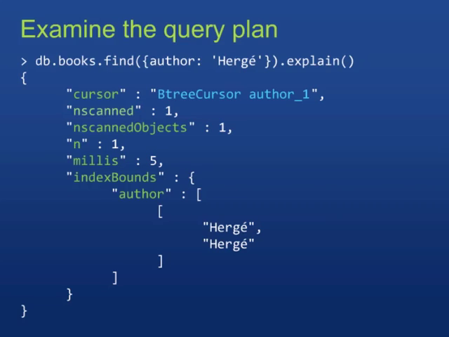This is going to tell me what kind of cursor it's using. Here I can see it's a B-tree cursor, which means it's using an index. I can see n-scans. This is telling me how many comparisons the database needed to do in order to find a match for my query. I can see the number of milliseconds that it took to run the query, and some other more advanced stuff like index bounds, which we'd get into in the detailed indexing talk if you guys wanted to attend that webinar whenever that happens next.